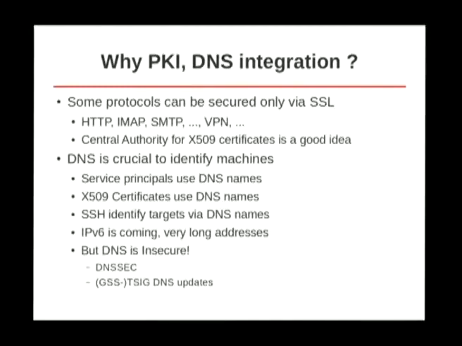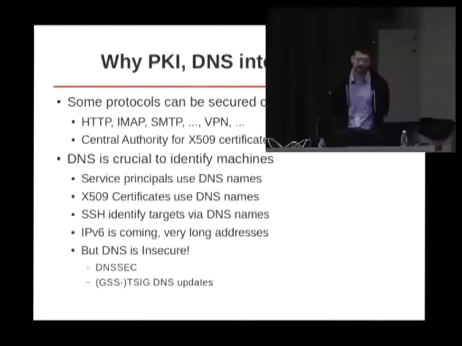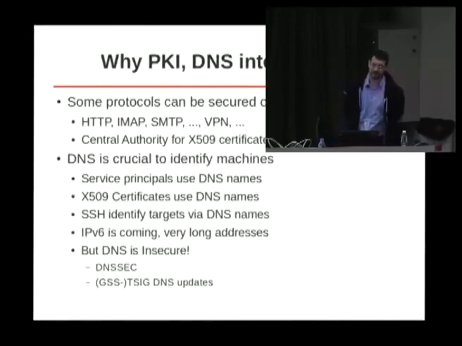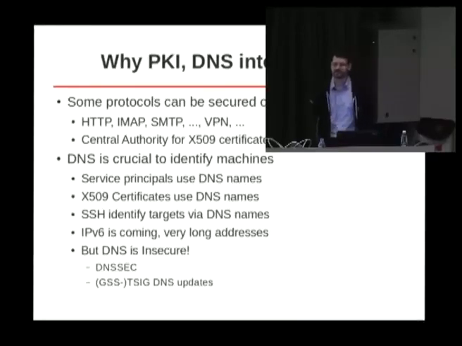SSH keys, when you do an SSH to another host, it will identify the key and associate it with a name. SSH also associates with an IP address, but IP addresses are basically obscure. And also because IPv6 is coming, at some point it will come, and it's really impossible to remember an IPv6 address. They're just too long.